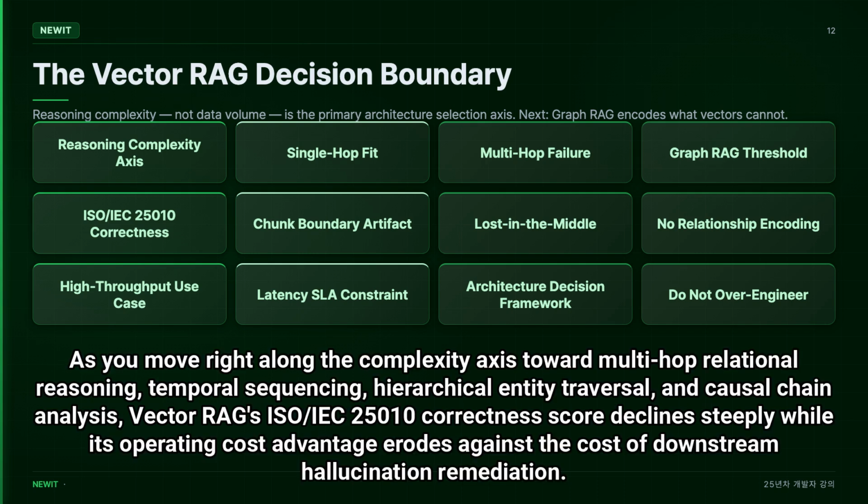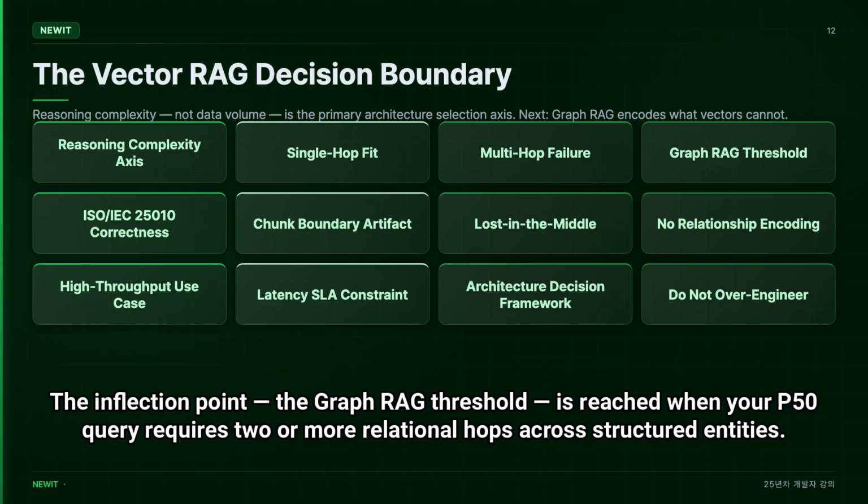As you move right along the complexity axis toward multi-hop relational reasoning, temporal sequencing, hierarchical entity traversal, and causal chain analysis, vector RAG's ISO 25010 correctness score declines steeply while its operating cost advantage erodes against the cost of downstream hallucination remediation. The inflection point, the GraphRAG threshold, is reached when your query requires 3 or more relational hops across structured entities.